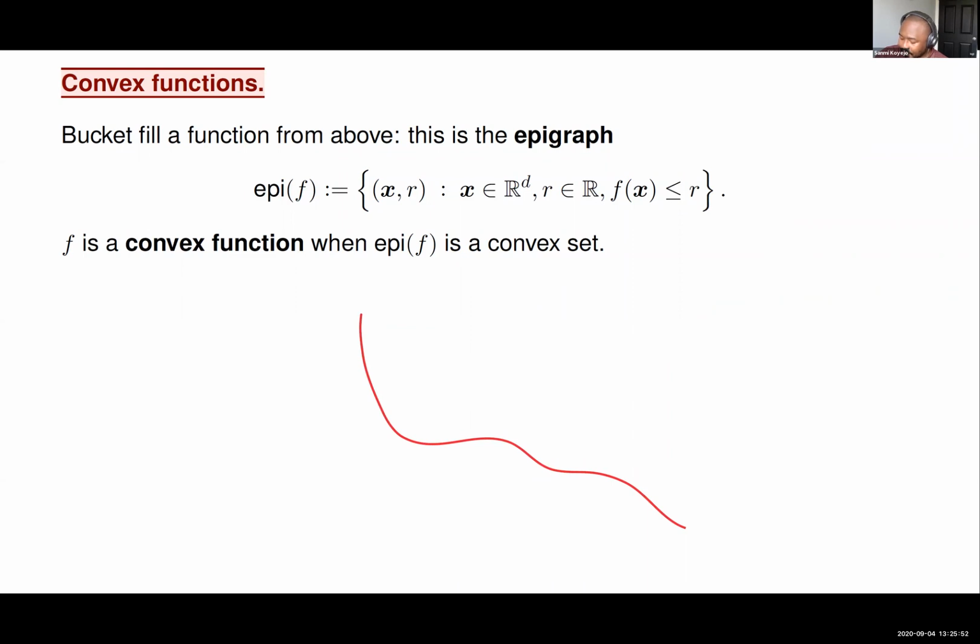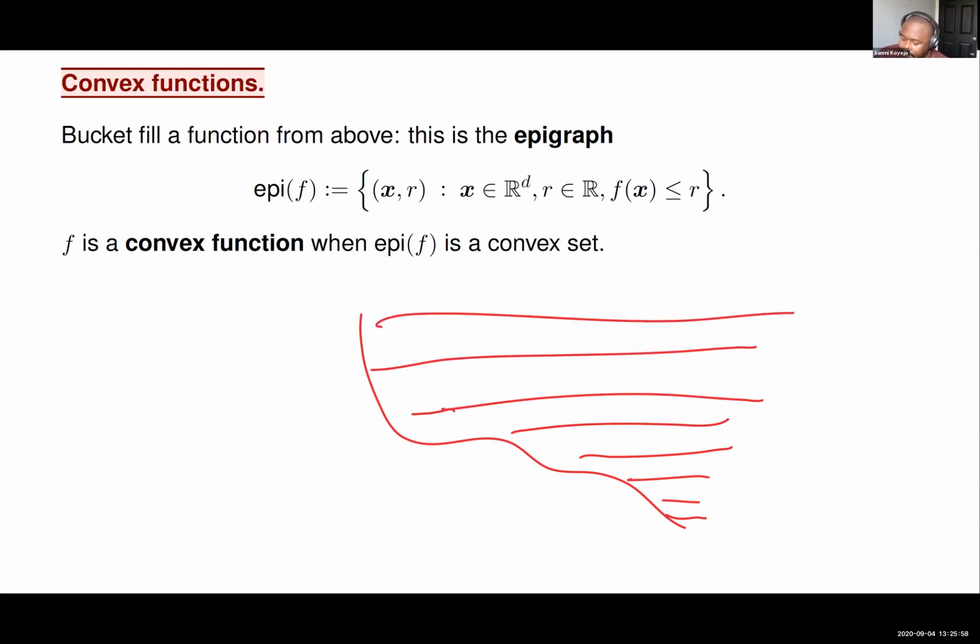So suppose this is the range of my function, and I take all of the points above this function. This is f of x. This is the epigraph of f. So it's a functional. It takes in functions, returns sets. So all of the set of points that are above the function is the epigraph.